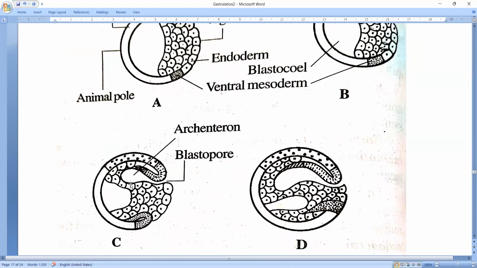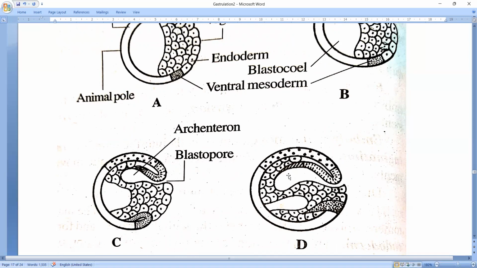So the invagination occurs like this. Due to invagination, the size of the blastocoele is reduced. Now the newly formed cavity is called the archenteron.